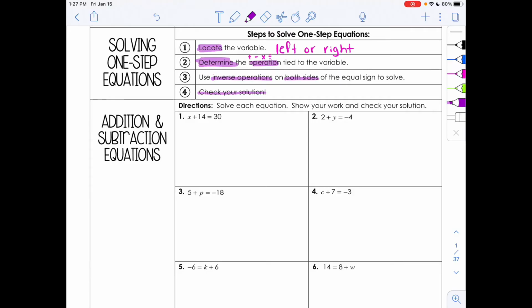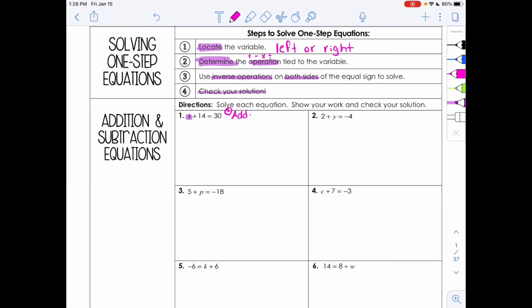So the first thing is to locate the variable. In this one, my variable is x. My operation that is tied to it is addition. Actually, let's write that over here. So that's step 2. We have addition. Step 3, use the inverse.